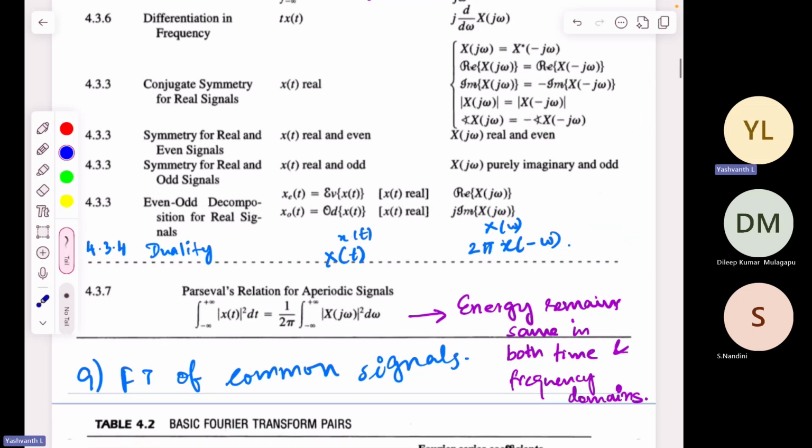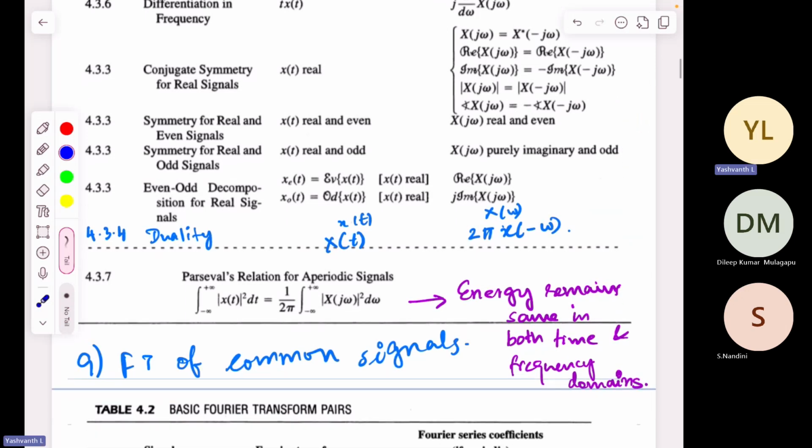Okay, and one thing I would like to note is what is called the duality property of the Fourier transform. Very useful property. What it says is very simple. If small x of t has the Fourier transform capital X of omega, then suppose I consider a time domain signal whose function is of the form capital X of t.